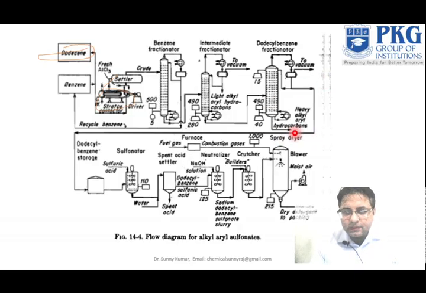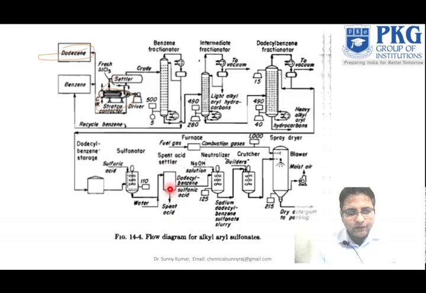collect the heavy alkyl aryl hydrocarbons, and from the top of this we directly send to the dodecyl benzene storage tank here, and this is a sulfonator, where we treat this dodecyl benzene storage with the sulfuric acid, and this is a settler, a spent acid settler.